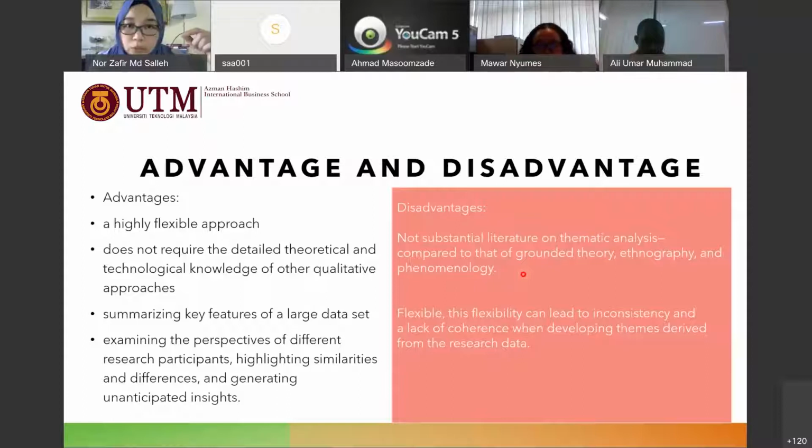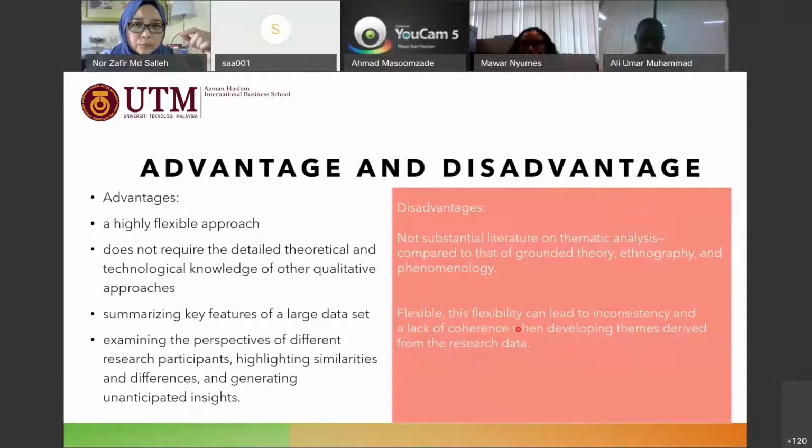So it is still new, I presume. The flexibility of thematic analysis also leads to inconsistency, because of the limited steps, and a lack of coherence when developing themes derived from the research data.